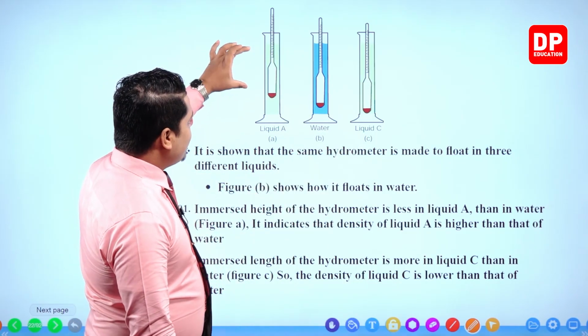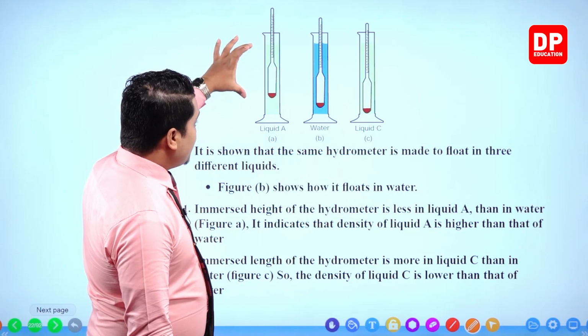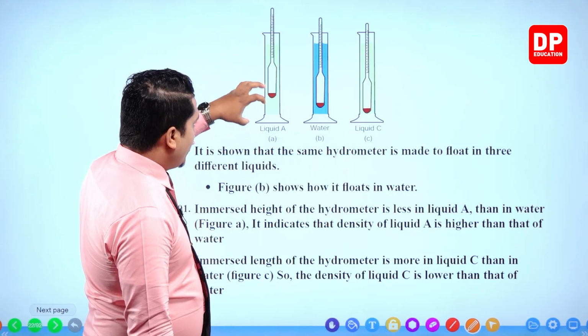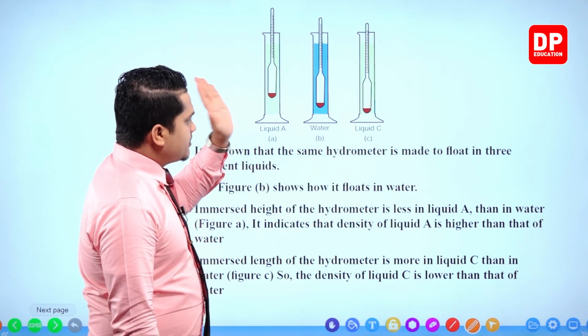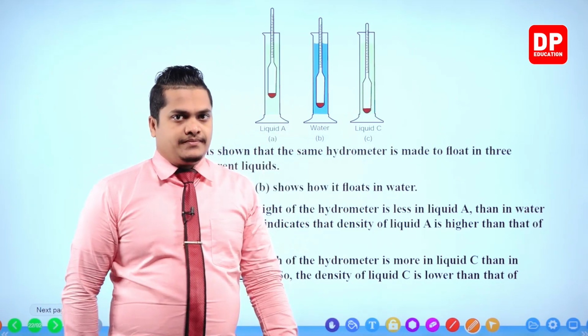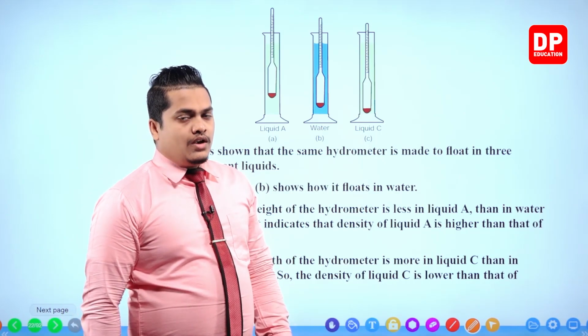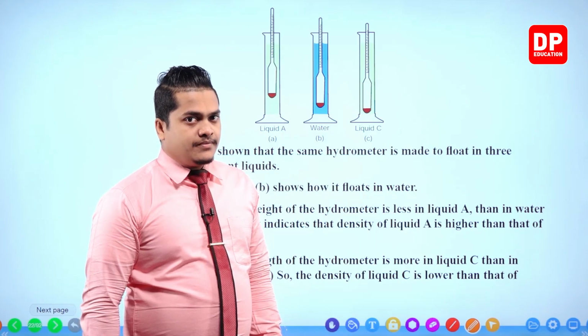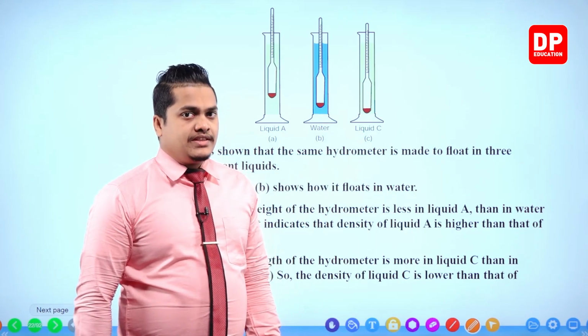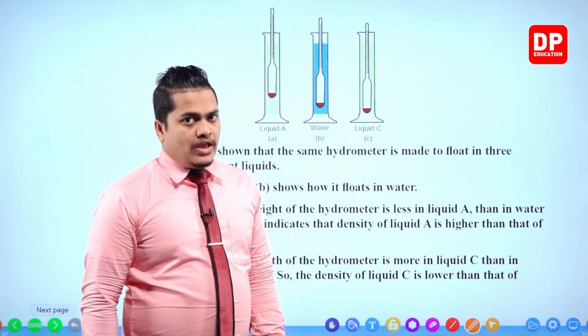So as less part has been sunk within the liquid and more is floating, this liquid has the highest density among these three. Okay, always go for the part which is floating, or else you can find out using the sinking part as well.